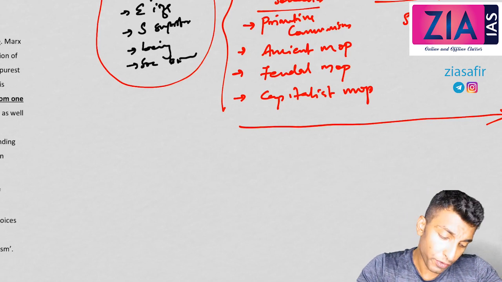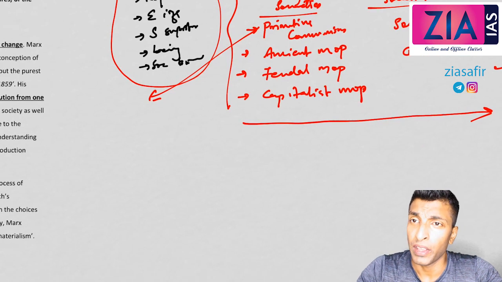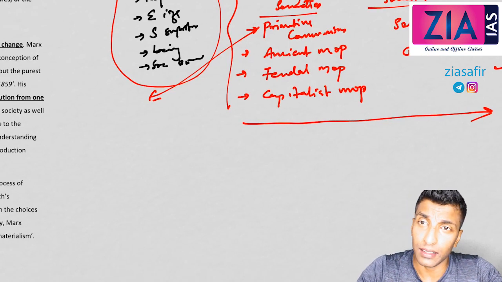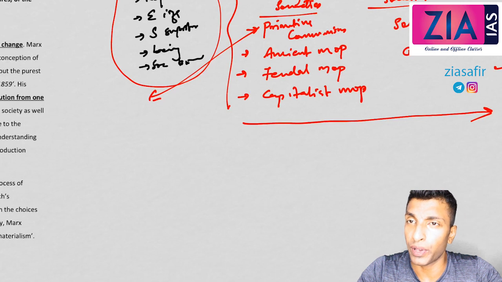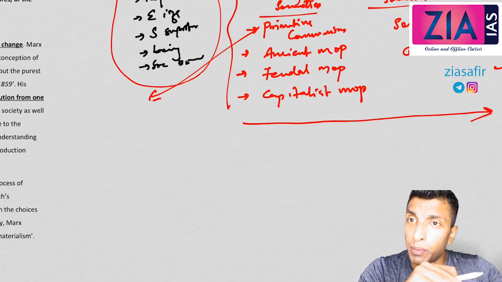But over a period of time, what happens from primitive communism? Over a period of time, population increased. When population increased, that resulted into scarcity of food, okay? So then scarcity of food is there. So to harness food, now you need some more techniques, tools, efforts, etc. So it will be developed by few people.